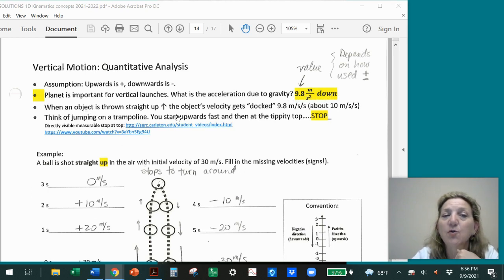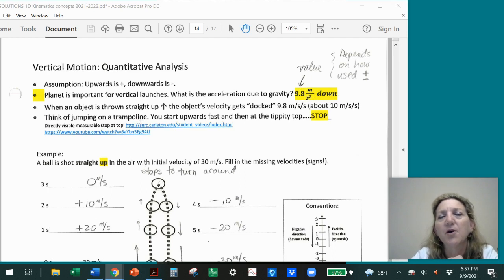When an object is thrown straight up, the object's velocity gets docked by this amount every second. So if it's on the way up, you subtract 9.8 meters per second squared. On the way down, you still subtract 9.8 meters per second squared. On this page, we're going to round everything to 10 meters per second squared so we can do the problems in our head.